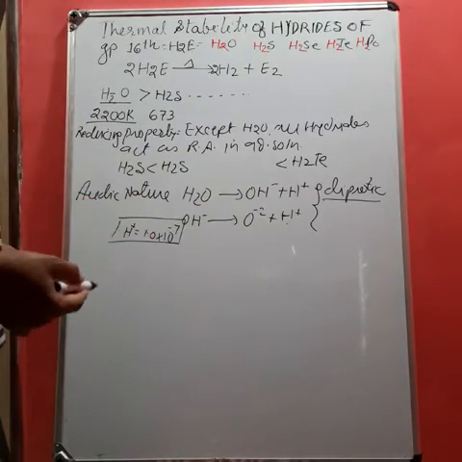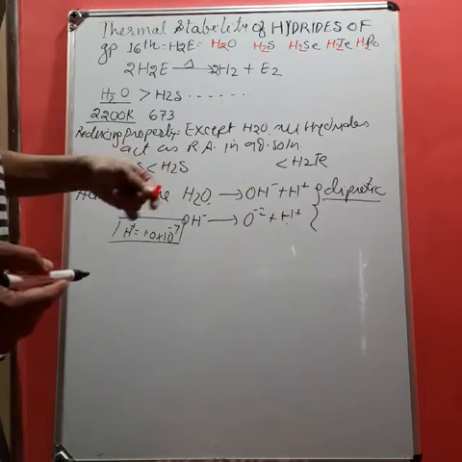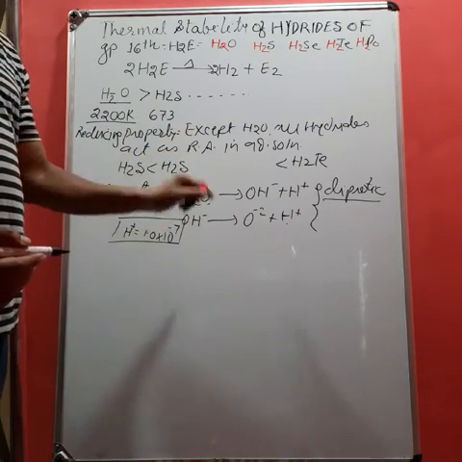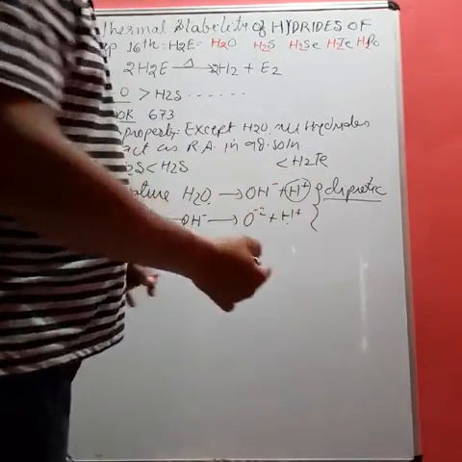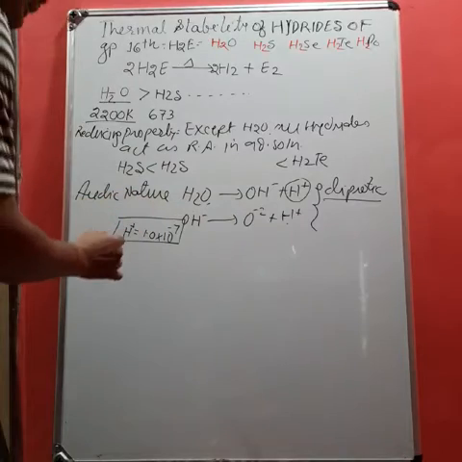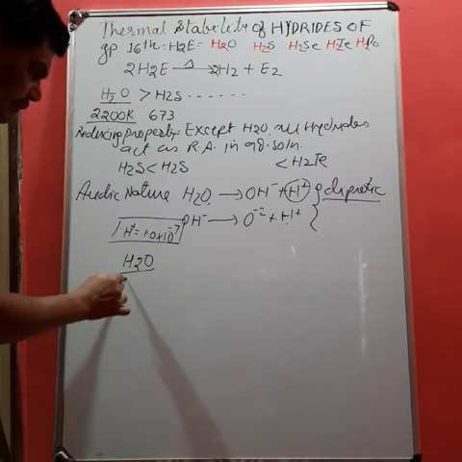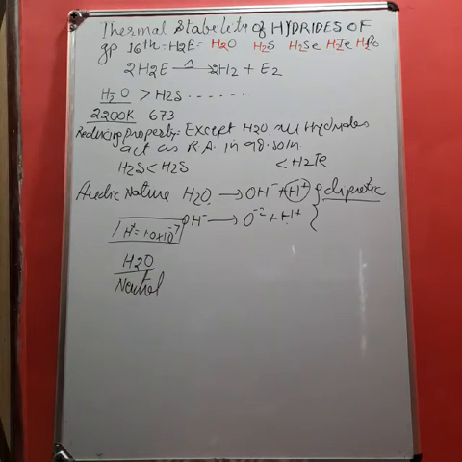Why? It is because in aqueous solution H2O forms intermolecular hydrogen bonds, and due to the formation of intermolecular hydrogen bonds, the tendency to release hydrogen cation is very weak. Thus H2O is the weakest acid, even though we are calling it neutral, because its pH is 7.